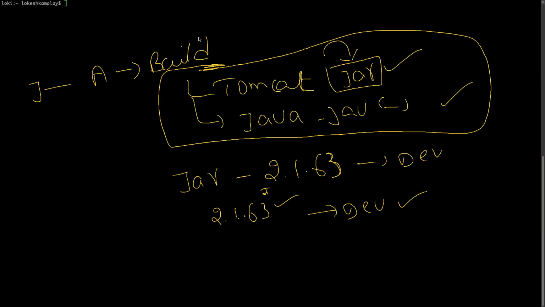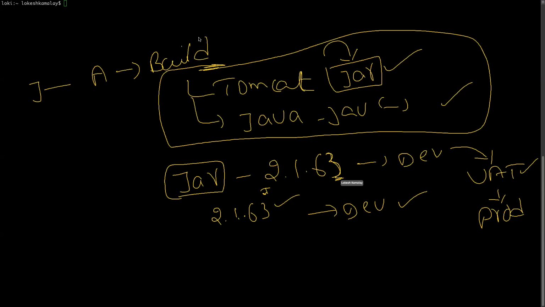Now what happens when you want to promote this to UAT? We don't generally build it again. So whatever jar file is created, the same file will be promoted to the UAT environment and then the prod environment. So this one got promoted to UAT, same version name, but a different package. Now what happens?